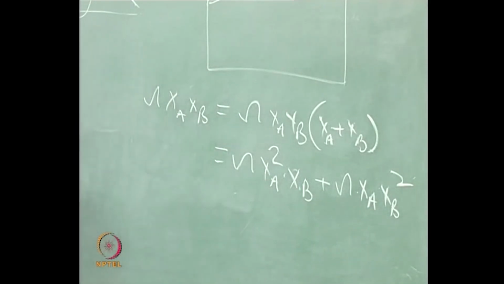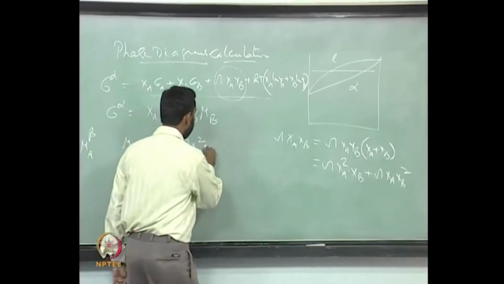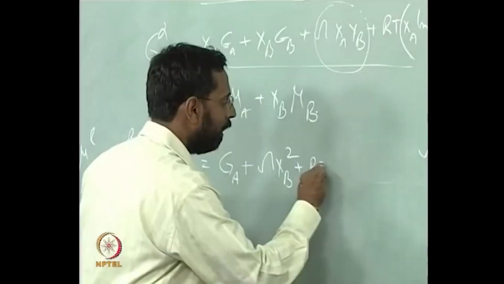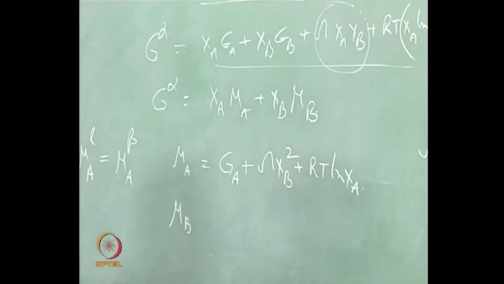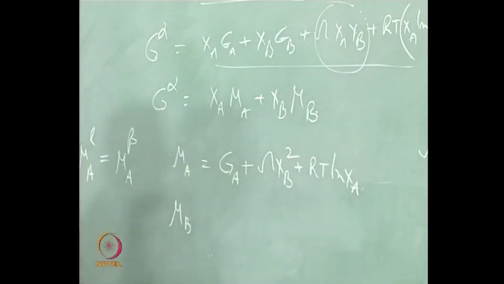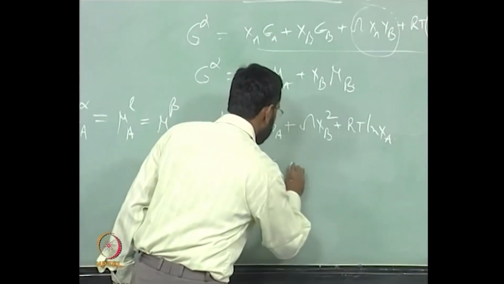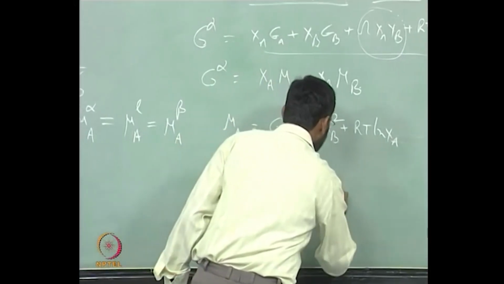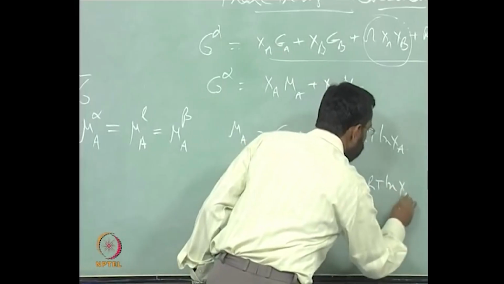So you can easily write that this is omega XB square plus RT ln XA. So the chemical potential is actually equal to this. Similarly, I can write the chemical potential of B as GB plus omega XA square plus RT ln XB.